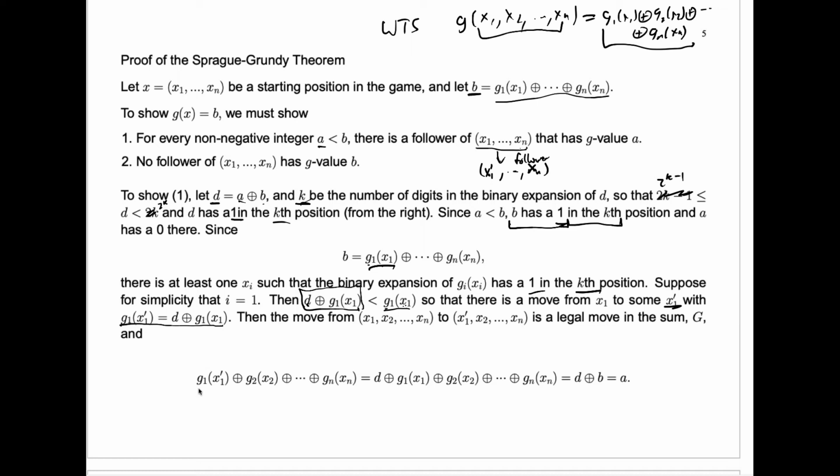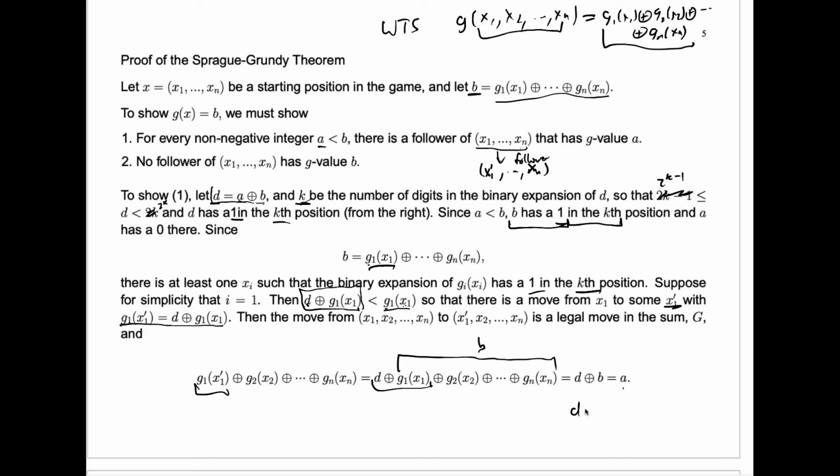Then what happens? Well, when we look at this new nim sum with x1 prime instead of x1, g1 of x1 prime is exactly D nim sum g1 of x1. All the rest are the same. And that's the same as D nim sum with this stuff, which is all B. And D nim sum with B is, by definition here, well, not by definition, it's by this here.